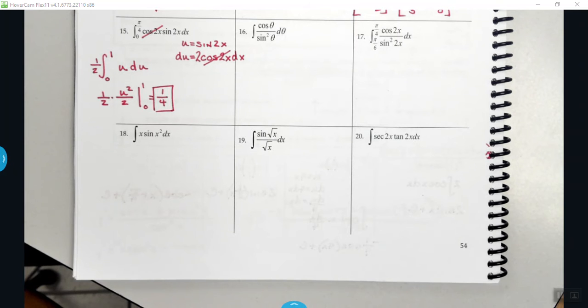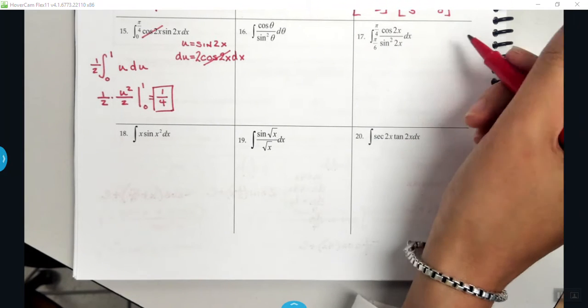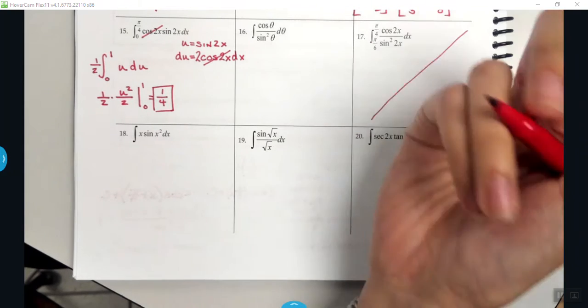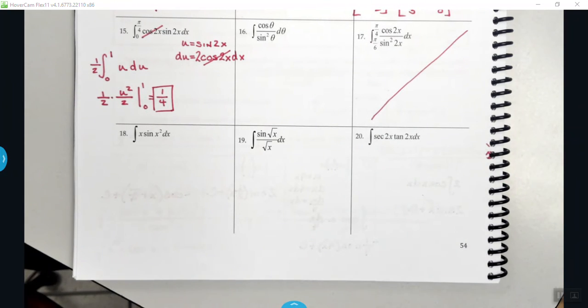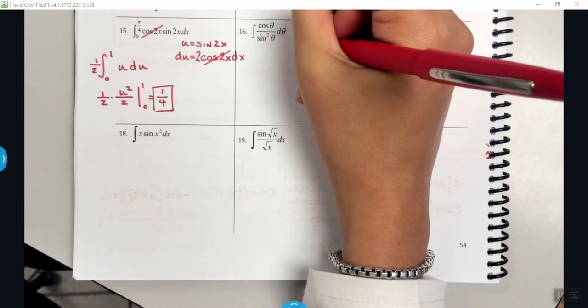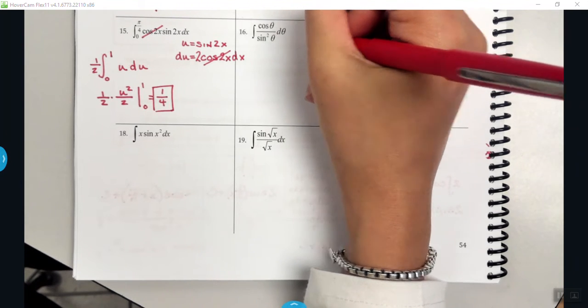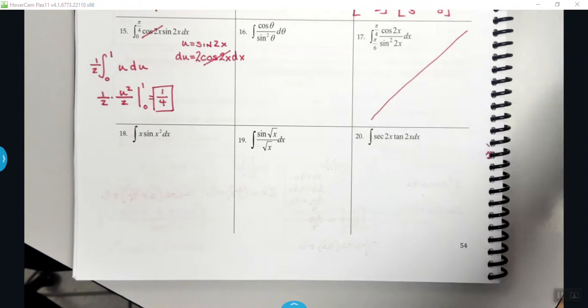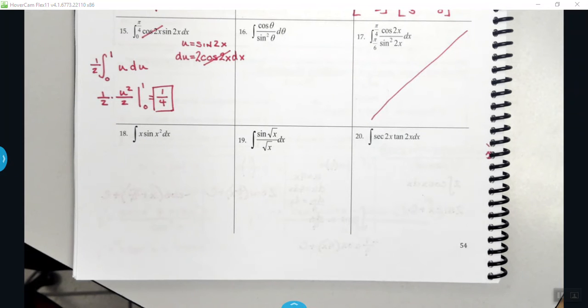Okay. What should I do for 16 now? We'll skip 17 because 17 is just like 16 with bounds. There are 2 ways you can do this one.